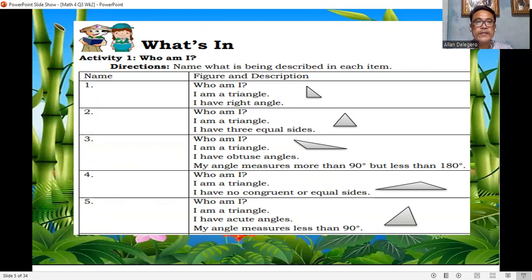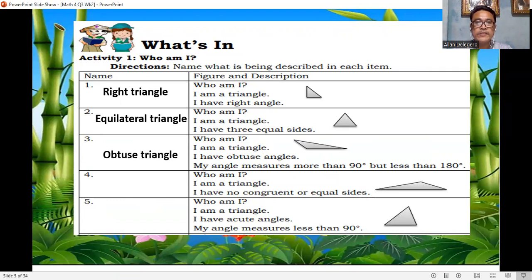For number 1, it is a right triangle. Number 2, 3 equal sides, equilateral triangle. Number 3, the figure is an obtuse triangle.